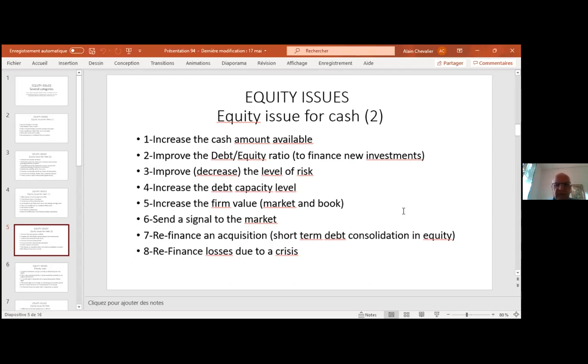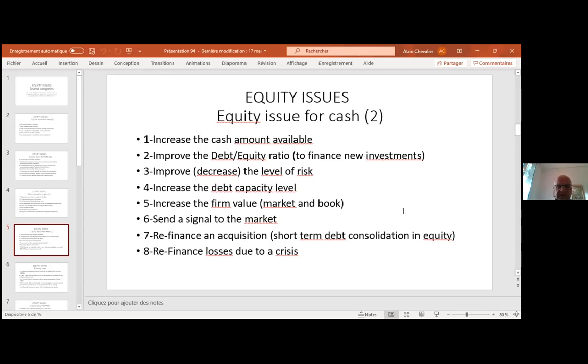Point one, we have in that case an increase of the cash amount available. And you understand that very often you make an equity issue for cash when you have a new investment to go through, a new technology to acquire, or when you want to finance easily an acquisition.